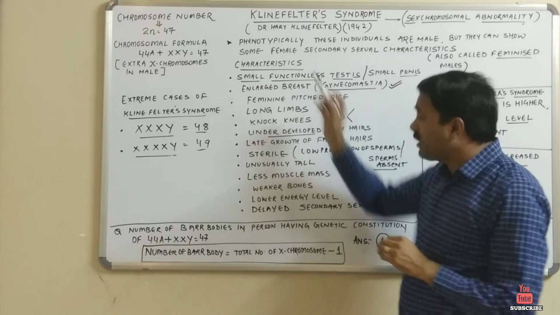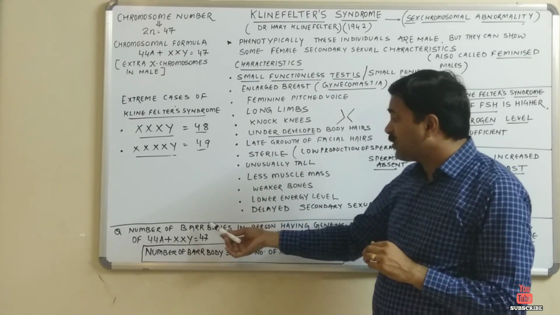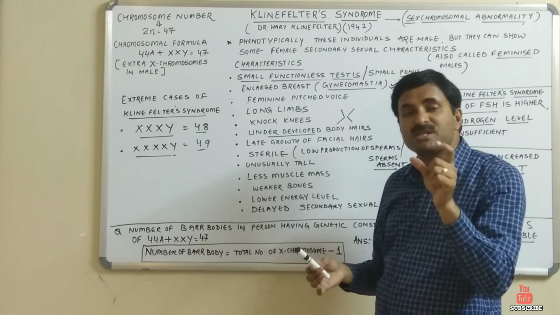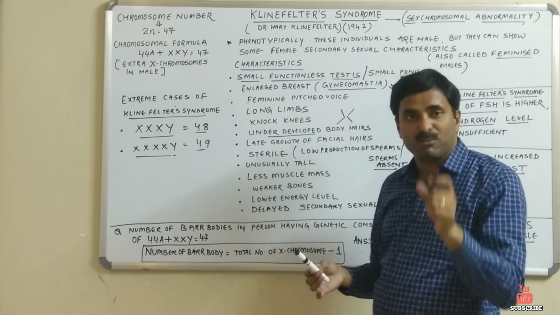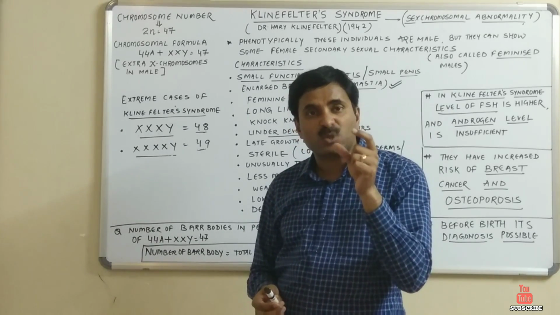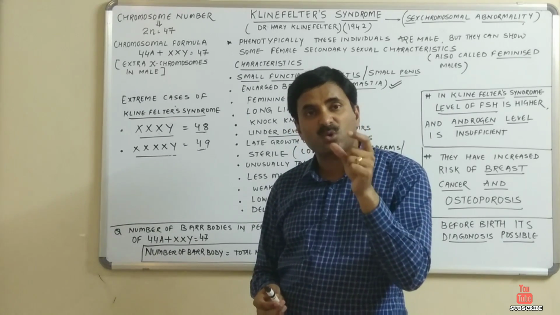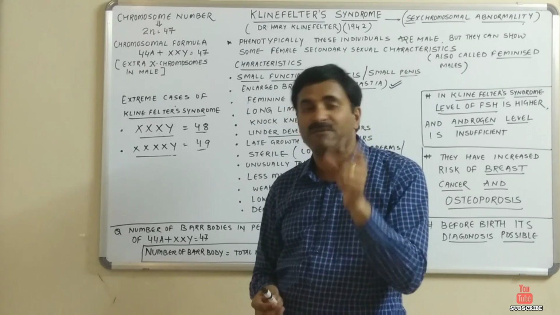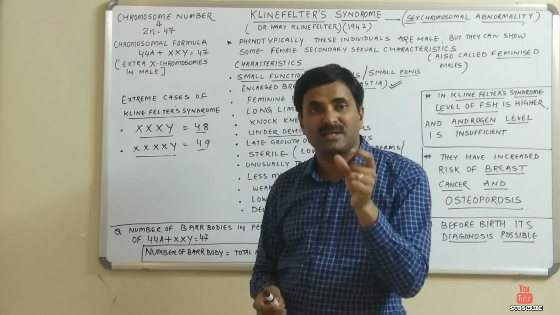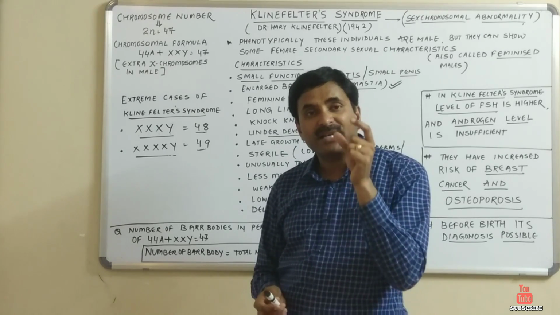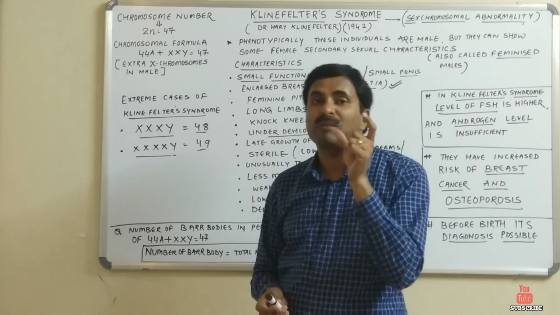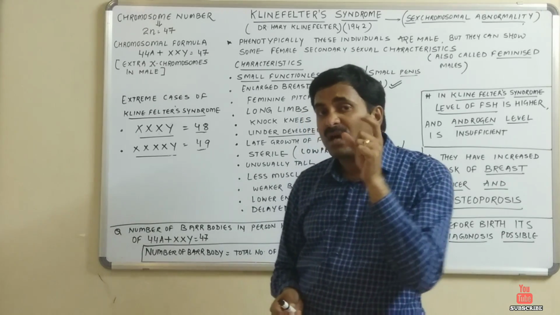Now, one more thing, there is a concept of bar body. Let me tell you first what a bar body is. Bar body means, out of the two X chromosomes in a normal female, one X chromosome is darkly colored, which is heterochromatic, and that darkly colored X chromosome is called the bar body.